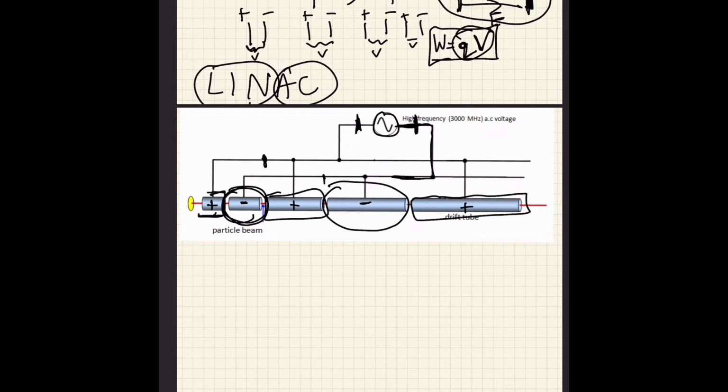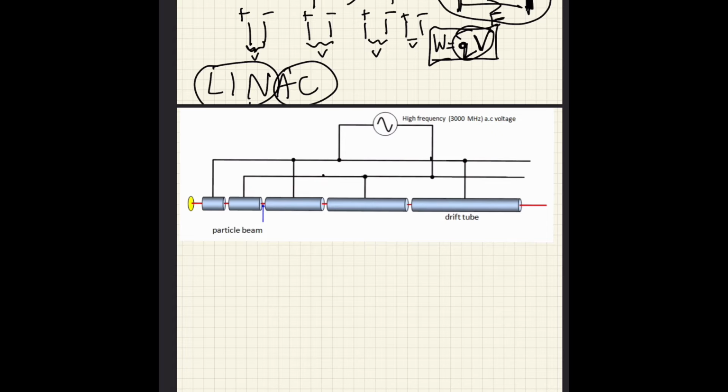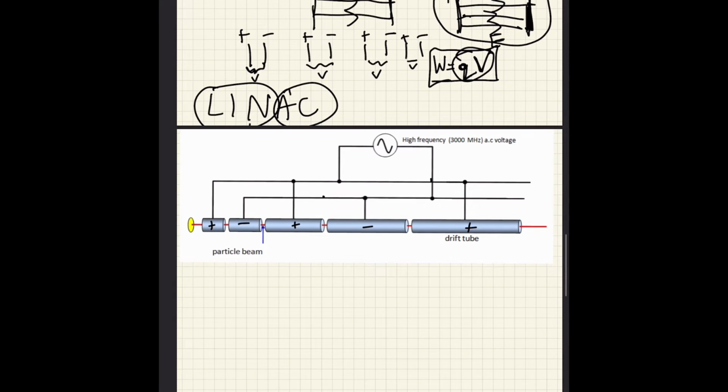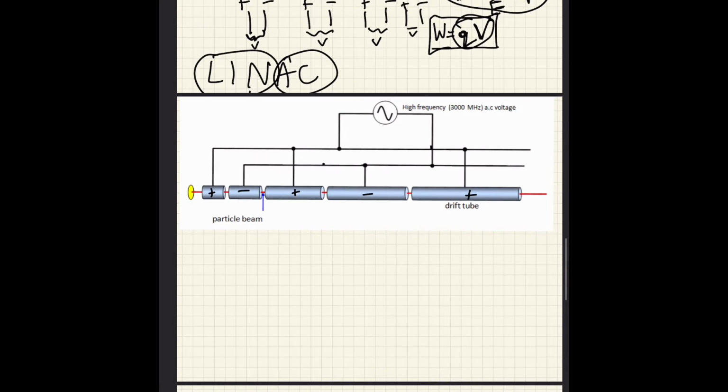Now, let me just get rid of this. Okay. So, now I have my charged particles, okay? And here it says particle beam. Now how do I get a particle beam? How do I get charged particles? Well, there's one way. First, I can have a coil and run a very high current through it, okay?